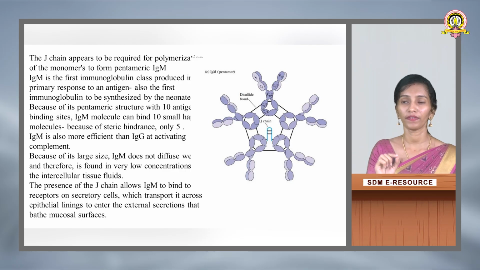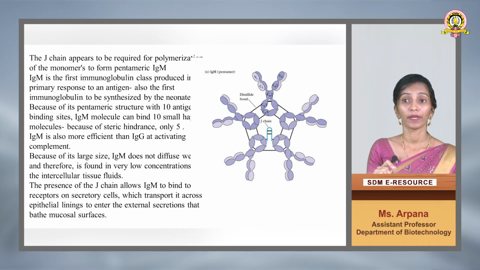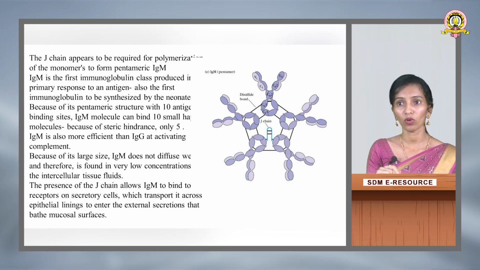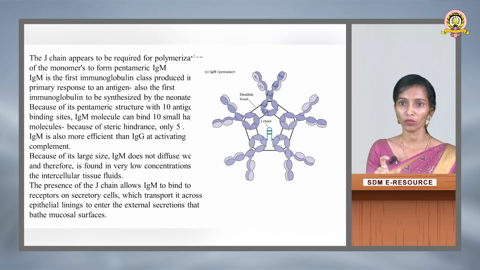IgM is the first immunoglobulin class produced in primary response to an antigen, and also the first immunoglobulin to be synthesized by the neonate. Because of its pentameric structure with 10 antigen binding sites, an IgM molecule can bind 10 small hapten molecules. Because of steric hindrance, it is only possible to bind 5 larger hapten molecules. IgM is also more efficient than IgG at activating the complement.